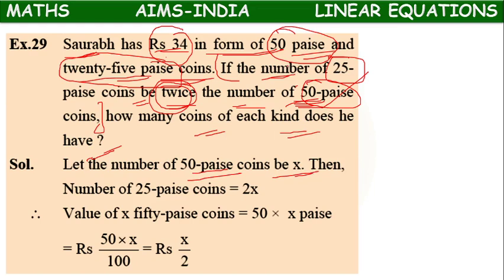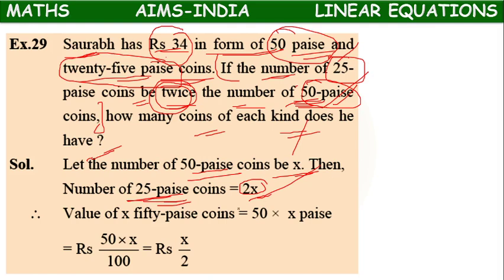Whenever we are taking variables in the statement, here 25 paise is compared with 50 paise, so 50 paise we have to take as x. Then we will get the number of 25 paise coins. The number of 25 paise coins is twice that of 50 paise coins, meaning if it is x, it will be 2x.